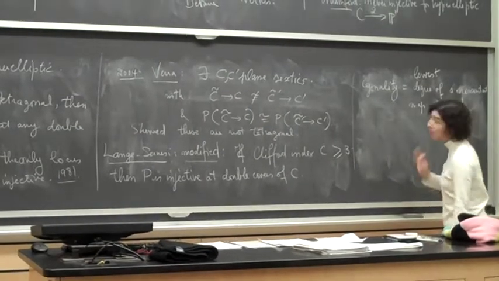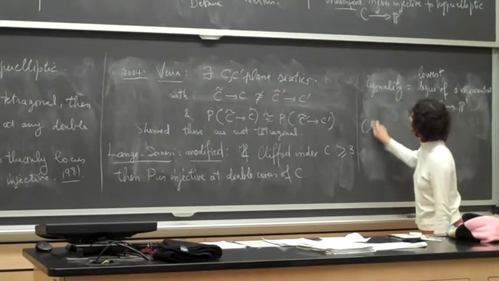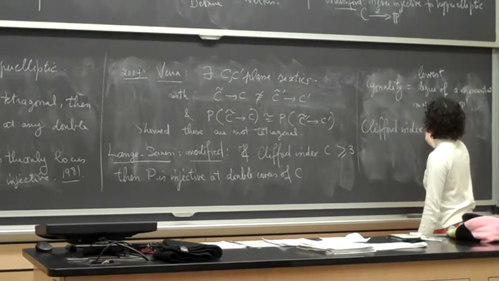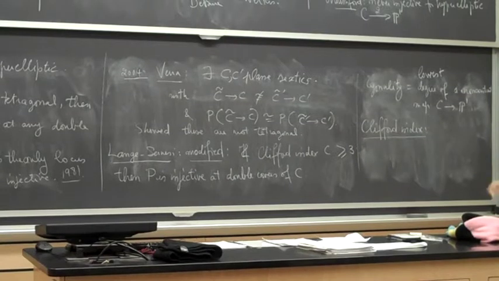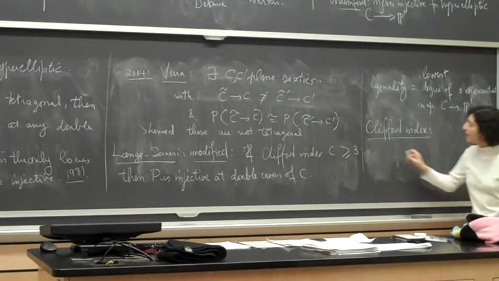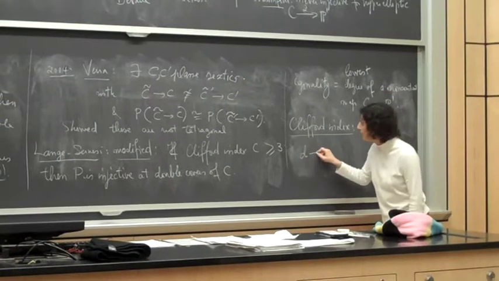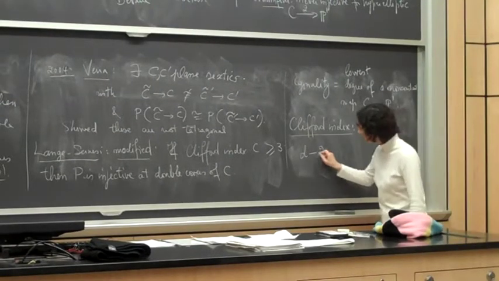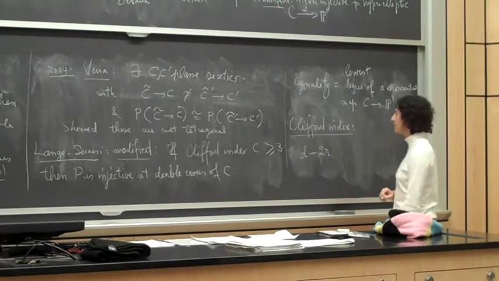So, what is the Clifford index? Instead of just measuring the lowest degree of a map to P1, you take the degree of any map to any projective space, and you subtract 2 times the dimension of that projective space.